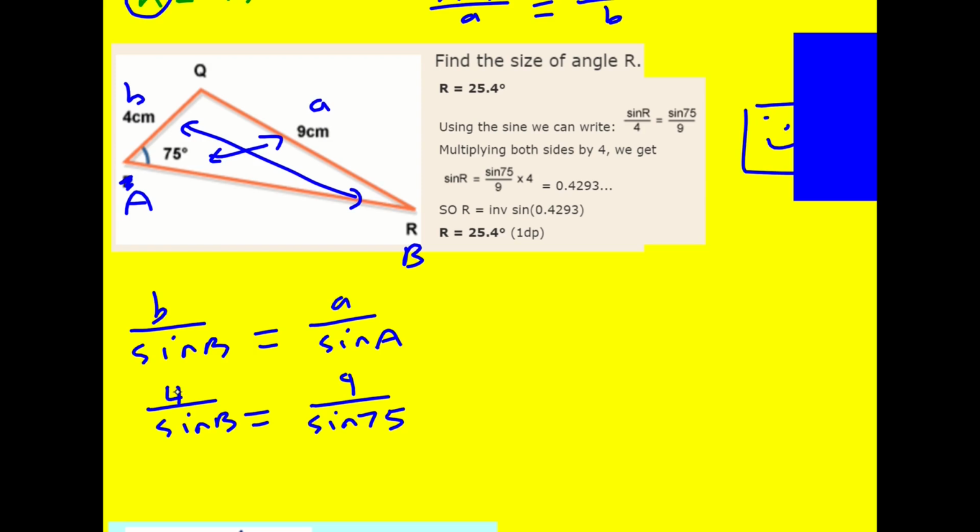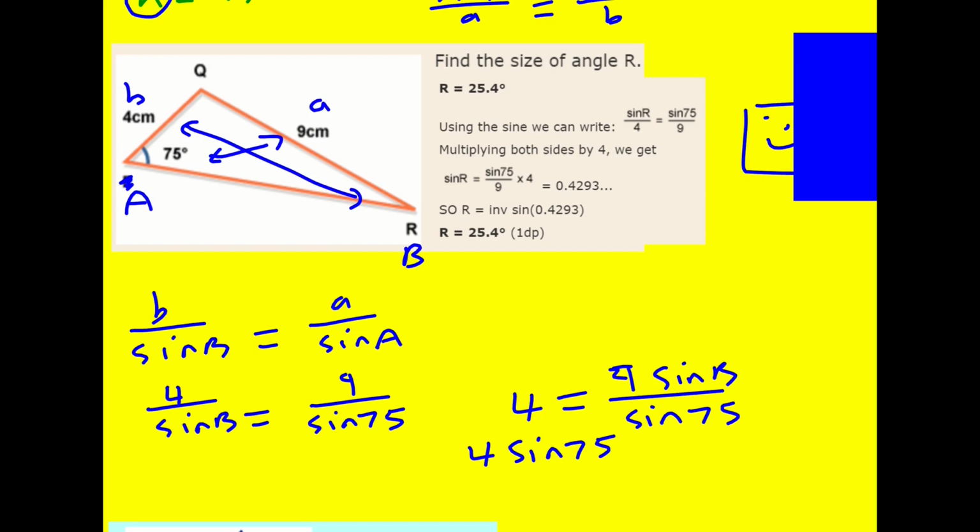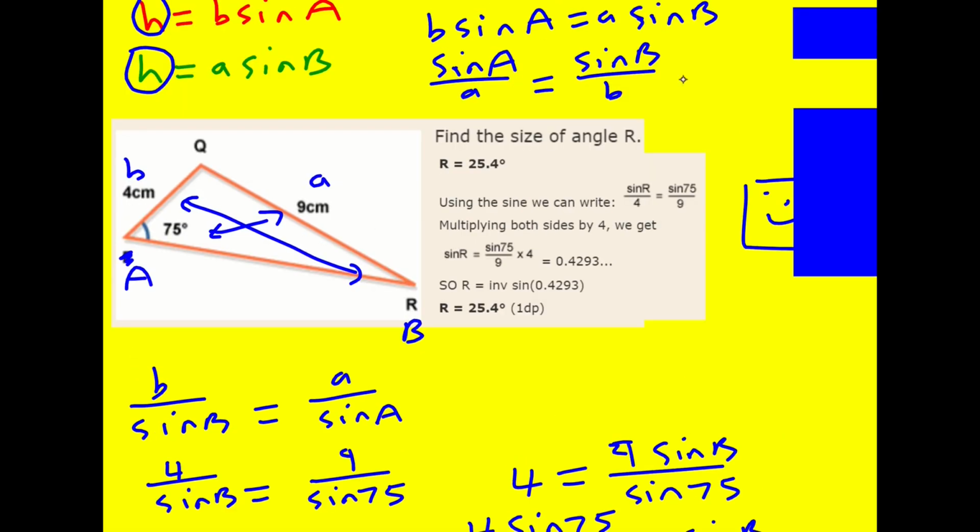But then you're going to have to times through by sine B. So 4 equals 9 sine B over sine 75. Then we're going to have to times through by sine 75 and divide through by 9. There are just these extra steps. You can do it, it will work, there's no major issue with it, but it's just more complicated. So best to use this alternative form.